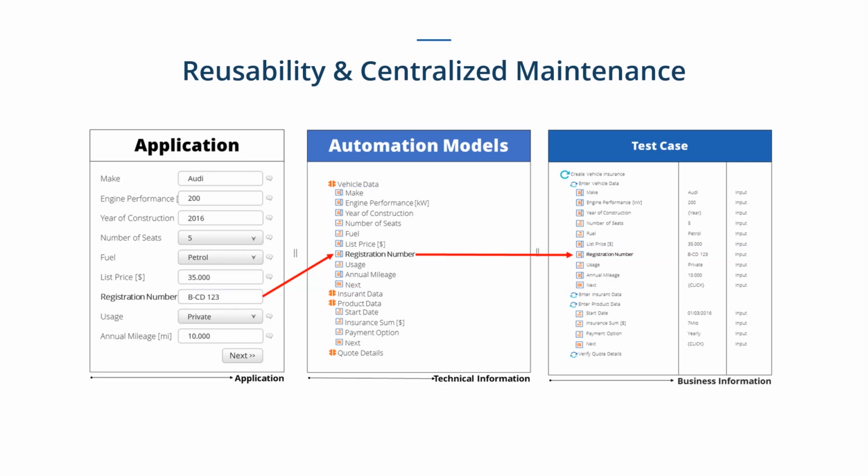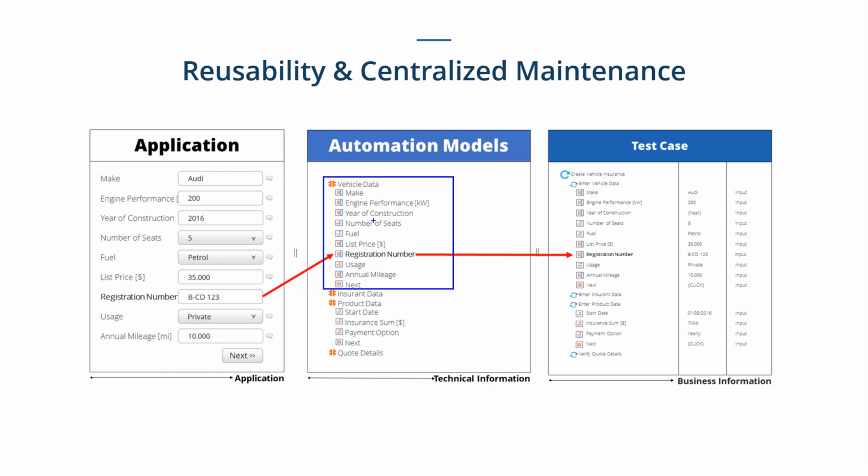So what you do up front is you create this module. So this is the vehicle data module, which includes all of the controls you need on the page on the left-hand side here in your application. And anytime you want to steer any of those controls, anything on that page, you will use this one module and you will reuse it in any test case that uses these controls.